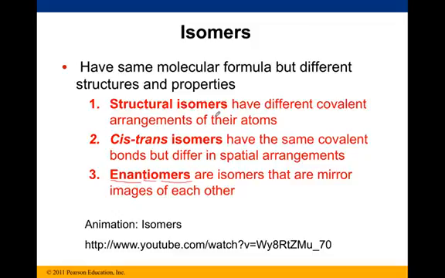Enantiomers are molecules which have a totally different three-dimensional pattern. To understand this, you have to watch the video that I'm going to refer to. So these are different isomers. The definitions you can get from the PowerPoint slide, guys.